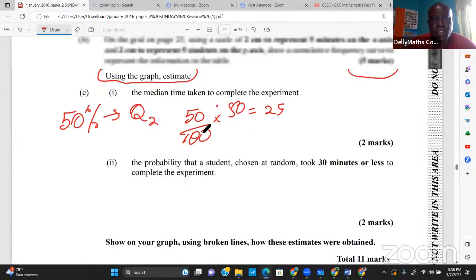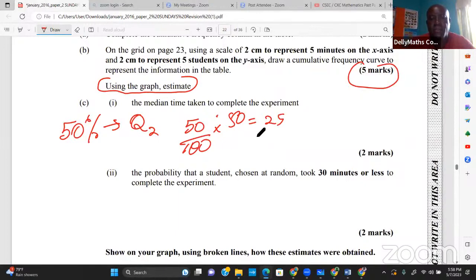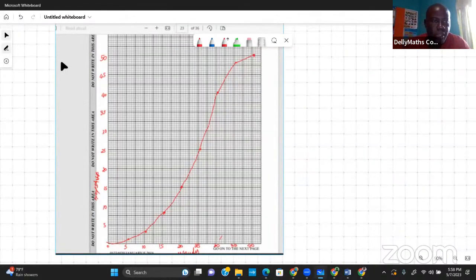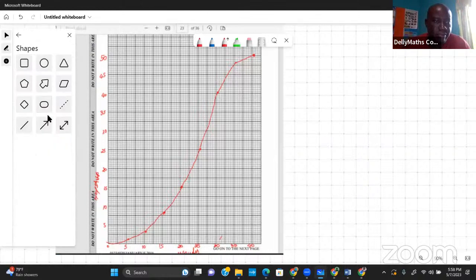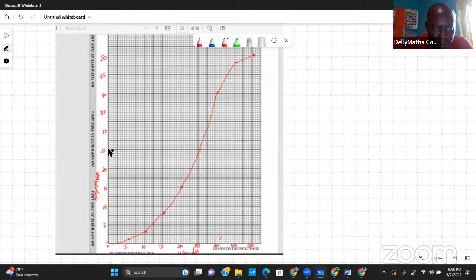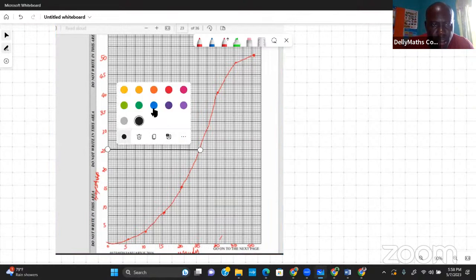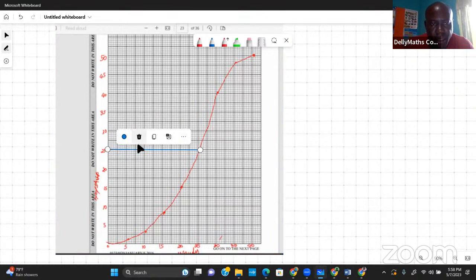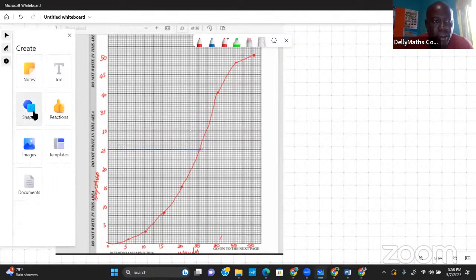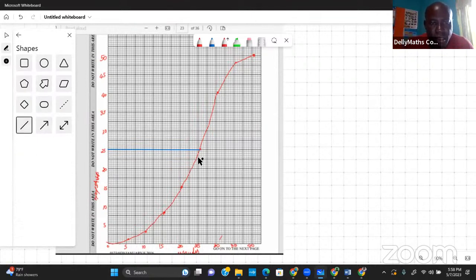So here's the first question. 50%, so we're going to find 25. Take 25 to the graph, and then right where it touches the graph, you want to take it down and then you read off.